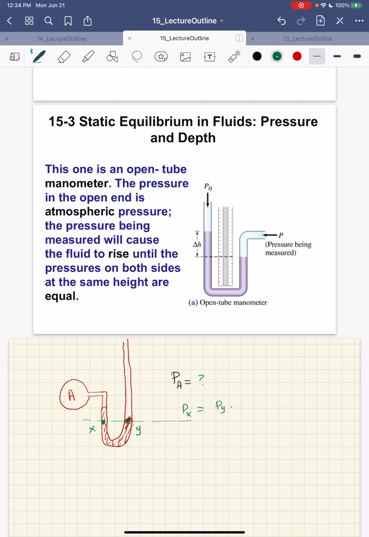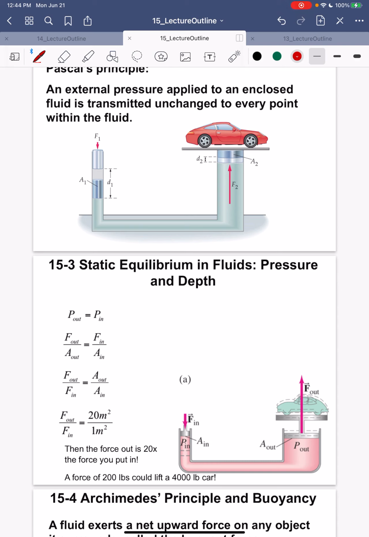Okay, and now I will show you how I'm going to derive the equation here. Now we know that the pressure created on the left hand side is going to be the same as the pressure on the other side.